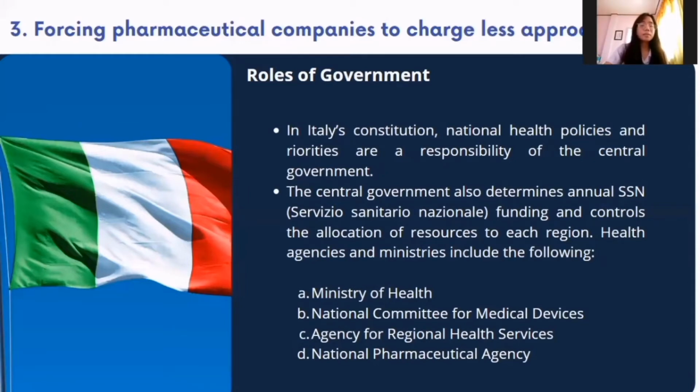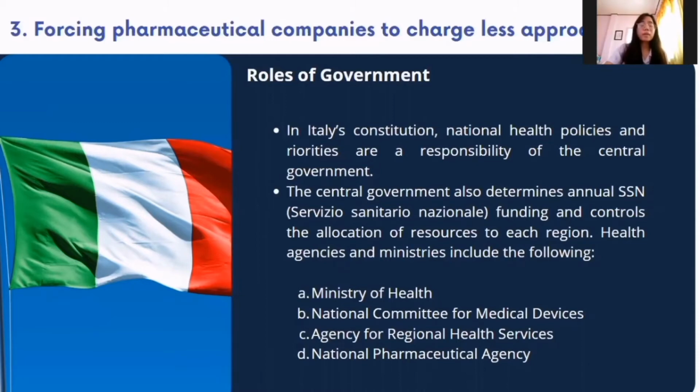Health agencies and ministries include the following: Ministry of Health, National Committee for Medical Devices, Agency for Regional Health Services, and National Pharmaceutical Agencies. The Ministry of Health is the one who oversees healthcare planning, such as determining the essential benefit package, health system ethics, the supply of health professionals, information system, and other areas.